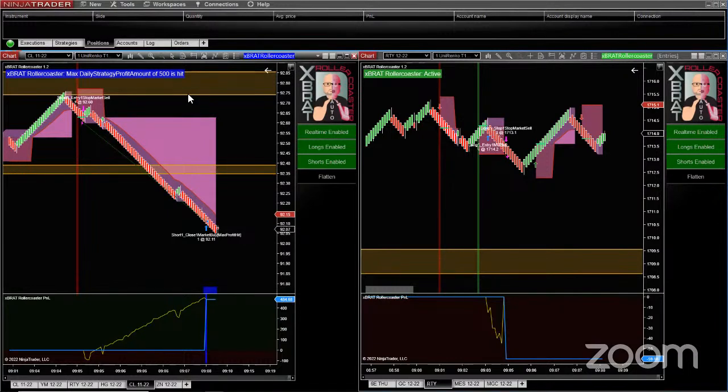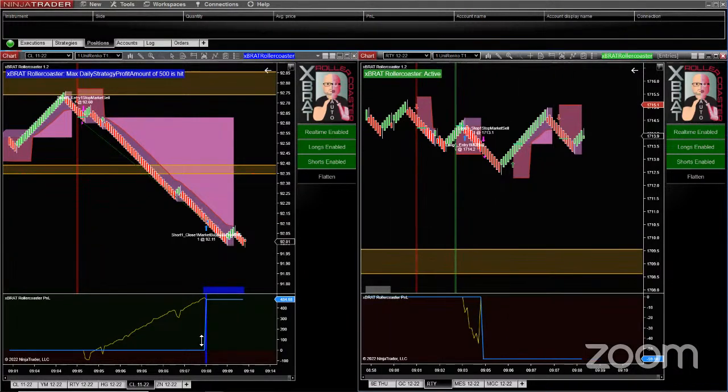One of the things with the auto trader, if you're going to be using it for this ultra fast scalping, is to set that profit target for the day, so you're not trying to get more and be greedy and keep trading. So that will not trade for the rest of the day now. That blue that comes down at the bottom just means it won't trade for the day.